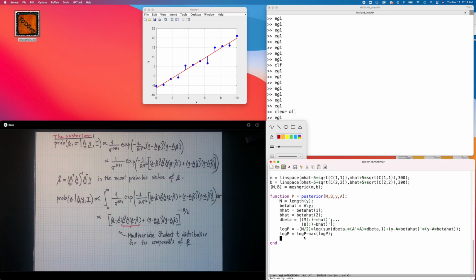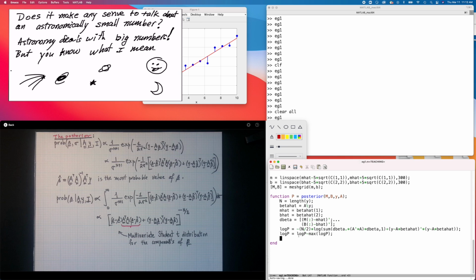That will make the maximum value of log p equal to 0. And then when we exponentiate that, that will become a 1. So the posterior probability will have its peak value of 1 before normalization, and it'll drop off because every other point will be lower. And the parts that are really small, when you exponentiate, will get back 0. But at least there's going to be some place where the exponentiation gives numbers on the order of 1, which means that they will not be rounded off when MATLAB does its calculation.